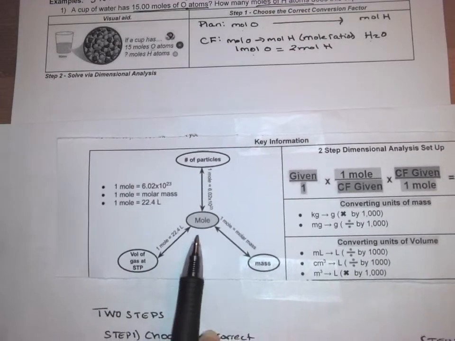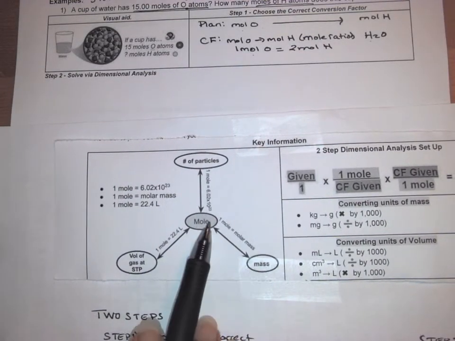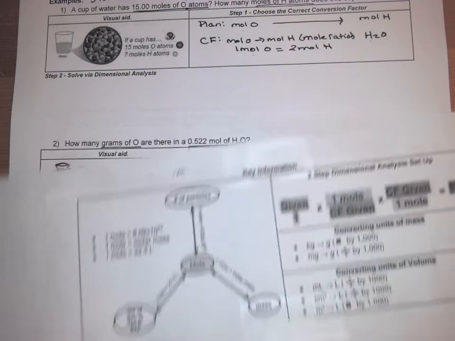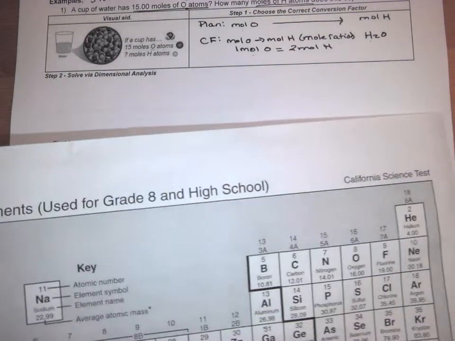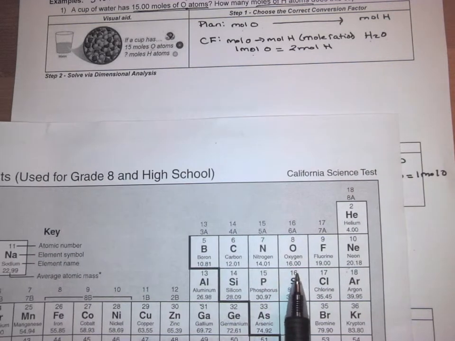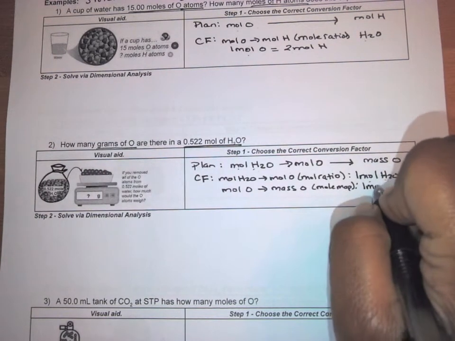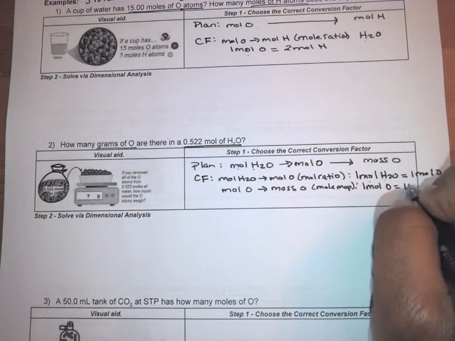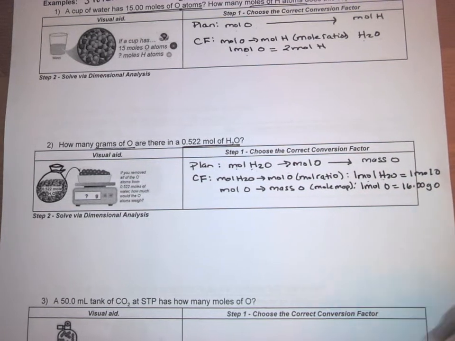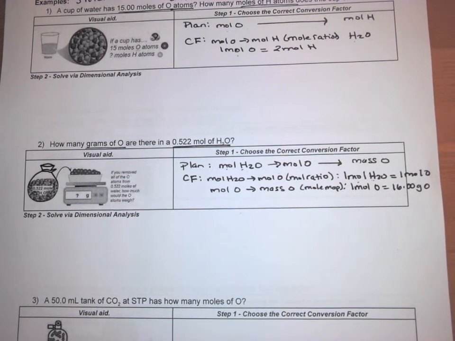So we're going from our moles of oxygen to our mass. We do that by going through the molar mass. And remember, the molar mass we would get from the periodic table. So for oxygen, the molar mass will be 16. So that means that 1 mole of oxygen is going to equal 16 grams of oxygen. So these are the two conversion factors I would use here.